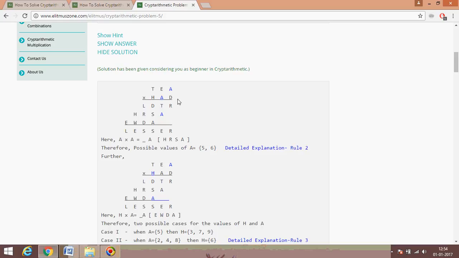This can be a possible value, and 6 cross 6 is equal to 36, meaning you are getting the last digit as 6. Think again: 5 cross 5 is 25, last digit is 5, and 6 cross 6 is 36, last digit is 6. Hence the possible value of A will be either 5 or 6.